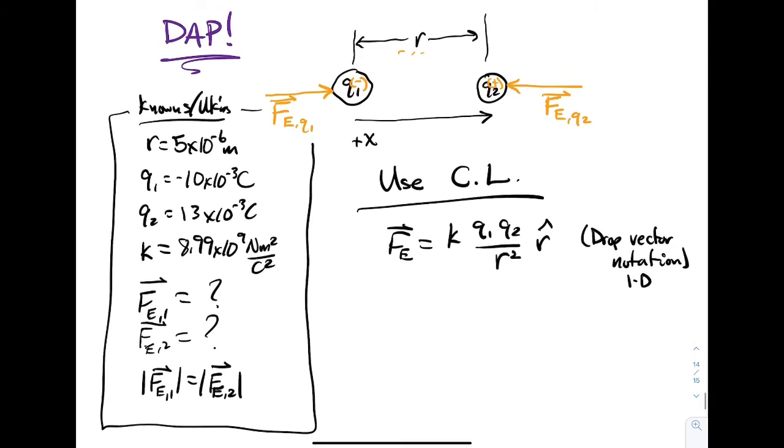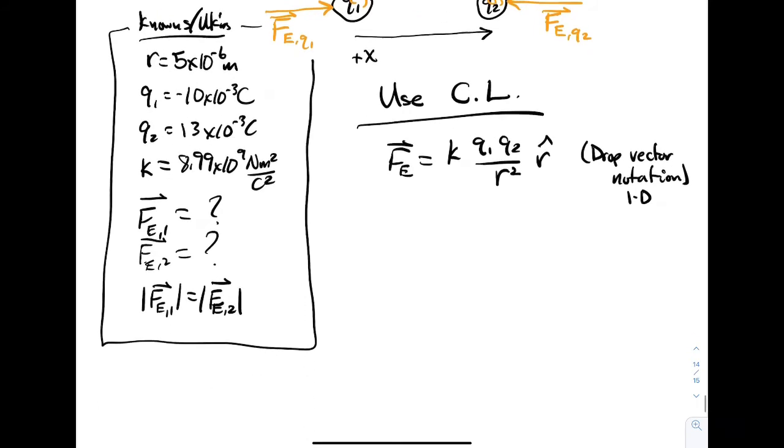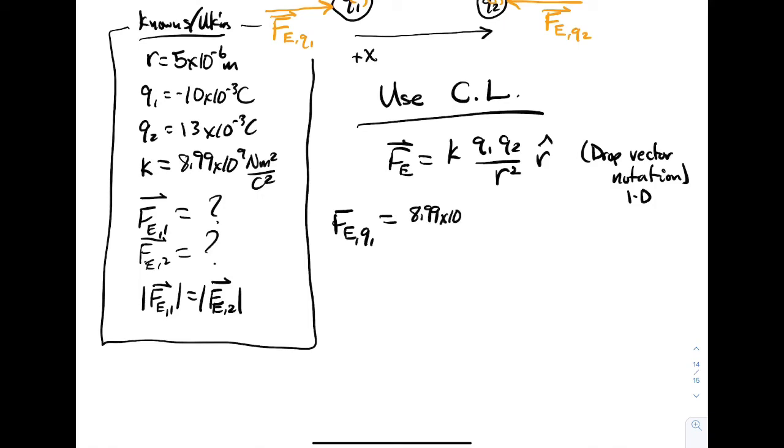So we can see clearly these are going to be in the x direction, so in the end we can just input that. So we have the electric force on Q1 is equal to, and we don't have any algebra to do, we can just go ahead and substitute the values. So the 8.99 times 10 to the 9, Q1 was the 10 times 10 to the negative 3 coulombs. Q2 was the 13 times 10 to the negative 3 coulombs, all divided by the 5 times 10 to the negative 6 meters.